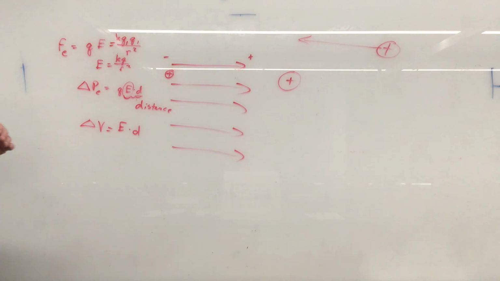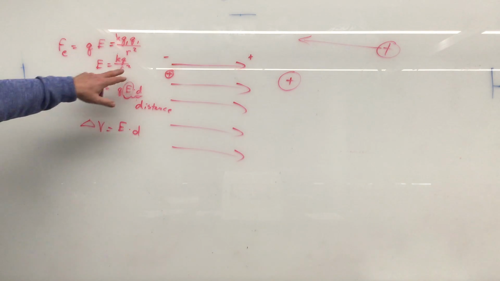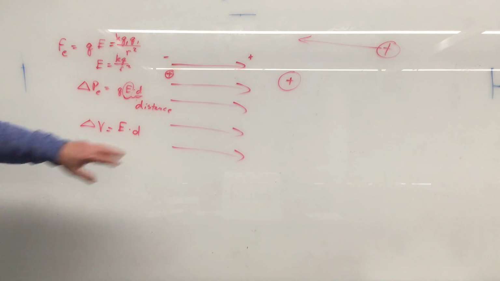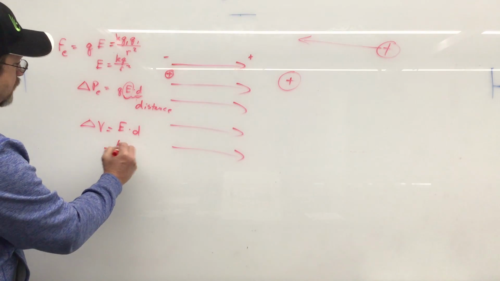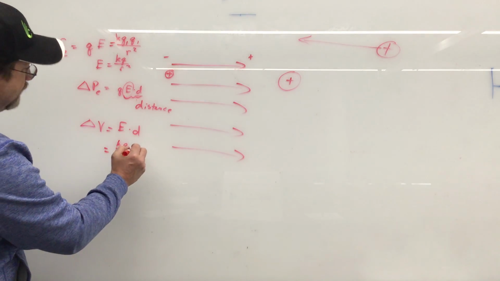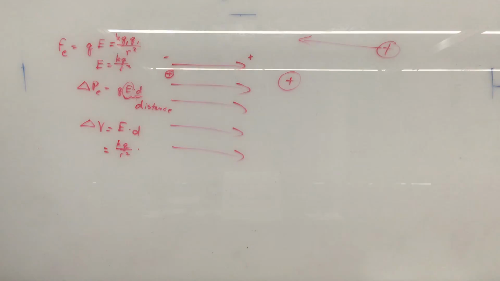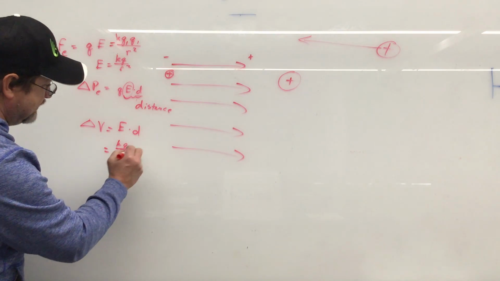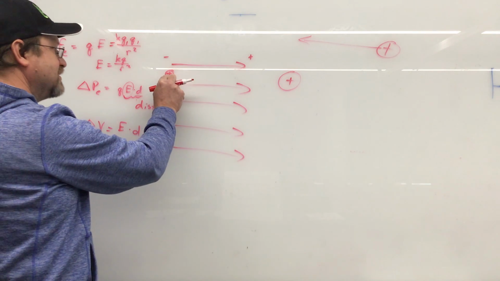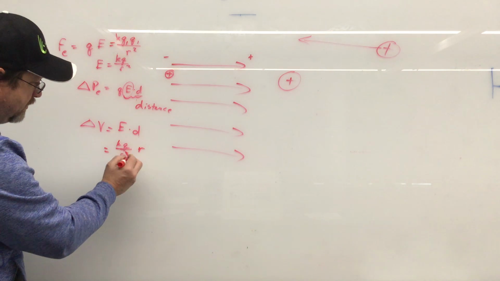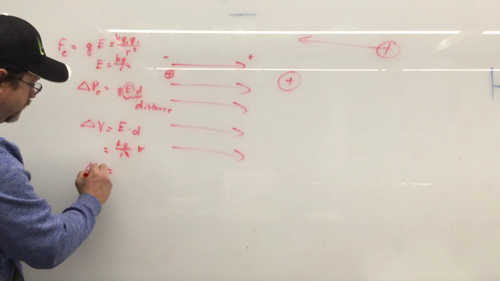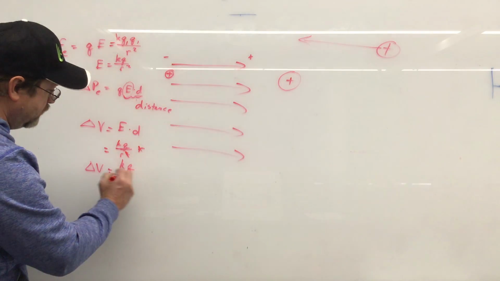And if we go the additional step of saying, okay, we have E, we have some distance that we're traveling here, so E would be KQ over R squared, and then we're multiplying times the distance. If that distance is the same as this distance right here, which is the distance between this particle and where the electric field is, they would be the same. Those would cancel, and what we end up with for potential difference is KQ just over R.